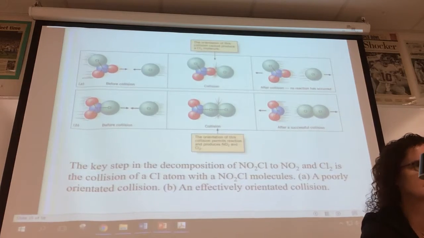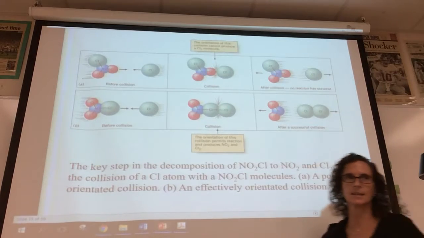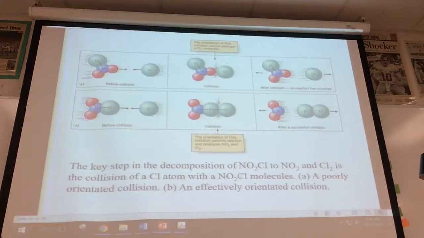What you're seeing in the top panel is an unsuccessful collision. In an unsuccessful collision, you don't get product formation. So these two particles can hit one another hard, but if the particles are not oriented properly, you'll get no reaction. We want to generate chlorine gas. In order to generate chlorine gas, the chlorine atoms must collide in the proper orientation.